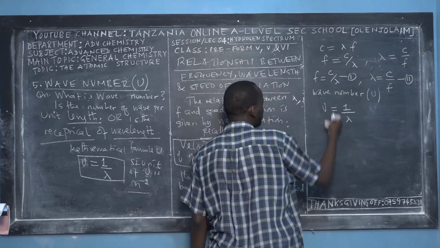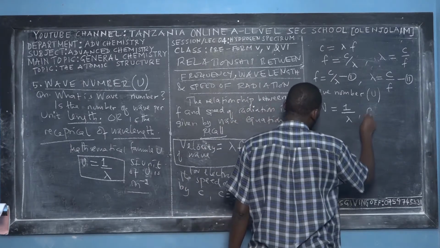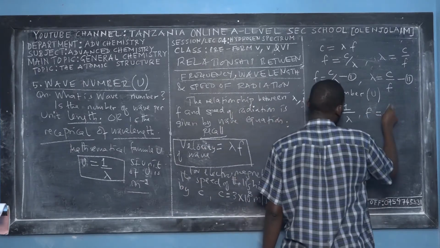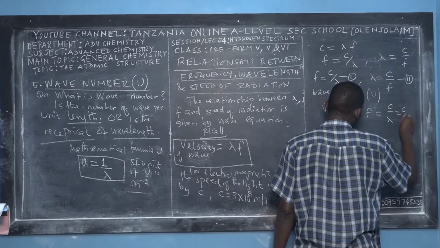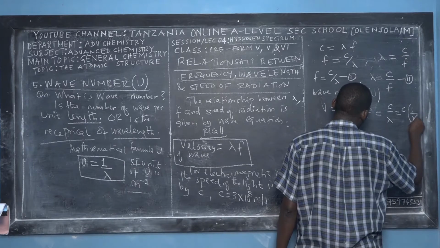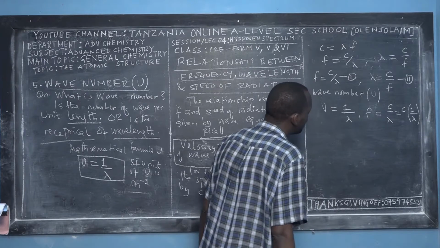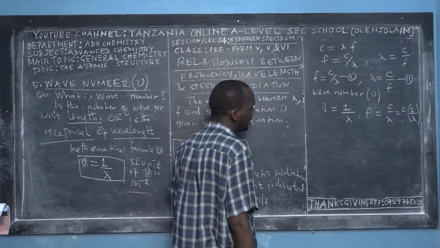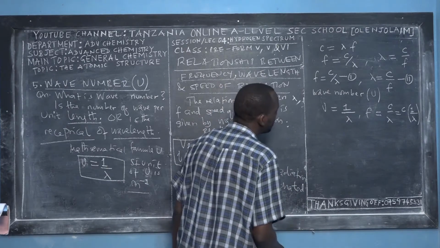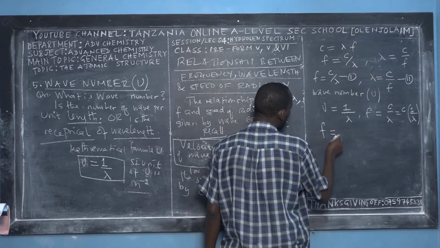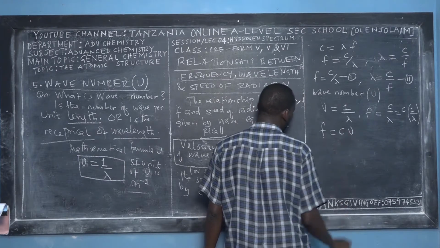So for example, from equation 1, frequency is equal to the speed of the light over wavelength, which is the speed of the light times 1 over wavelength. Also, frequency is equal to the speed of the light times the wave number.